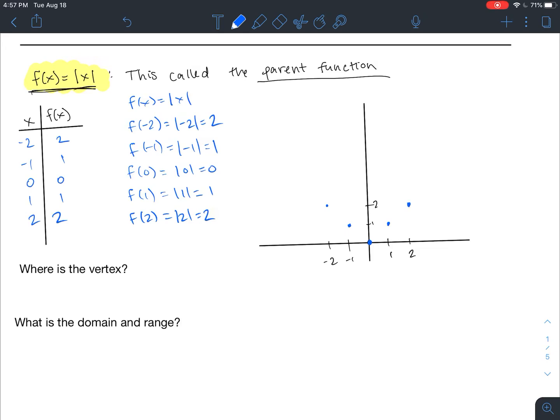So you can see here, as we go from negative to 0, and then 0 to positive, our y values are the same. See how symmetrical that is? You have 2, you have 1, you have 0. So our graph is symmetrical. Now let's go ahead and draw our lines. Just like that.